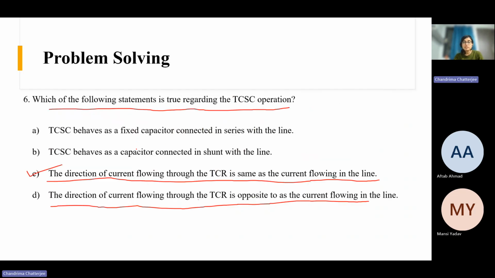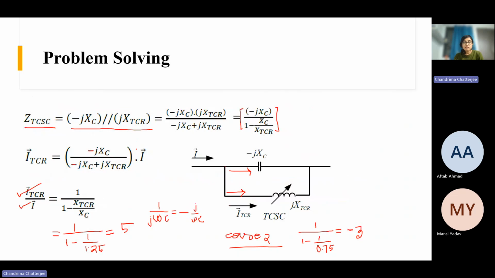These are two different cases. In one case, it is inductive mode of operation. When this ratio is positive, this is inductive mode of operation, because here XTCR is less than XC, so most of the current will flow through this branch.